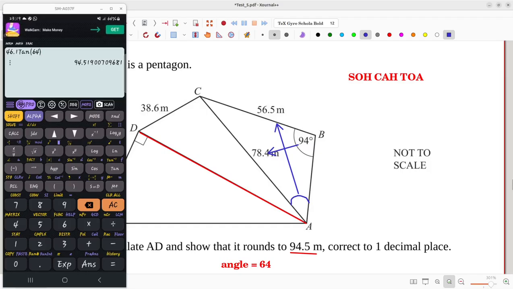Starting with the unknown, the angle A, you have sine A over 56.5 equals sine 94 over 78.4. Now let's take this to a proper working space so that we can see everything clearly.